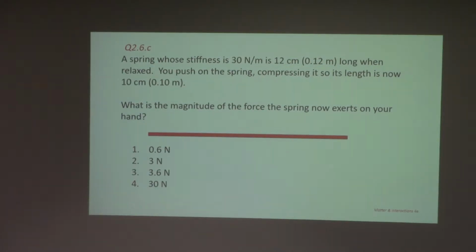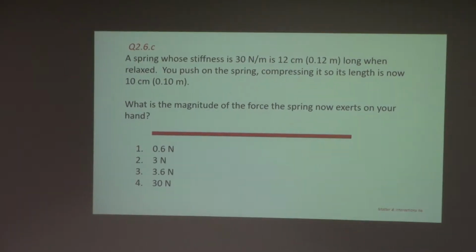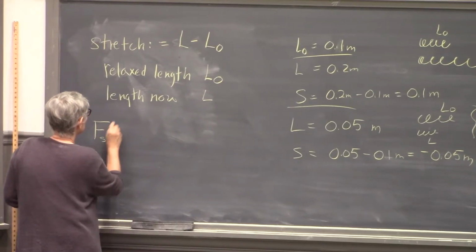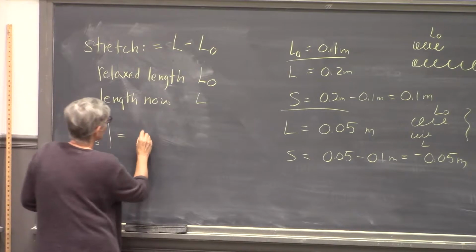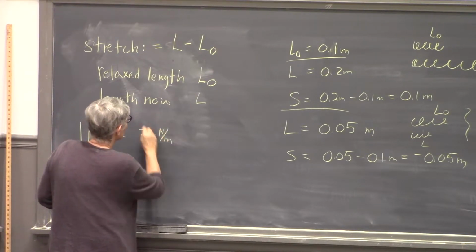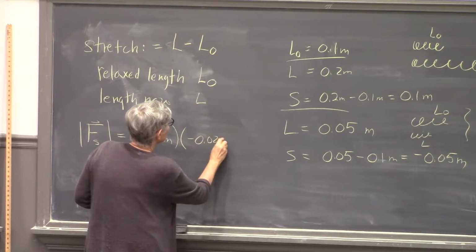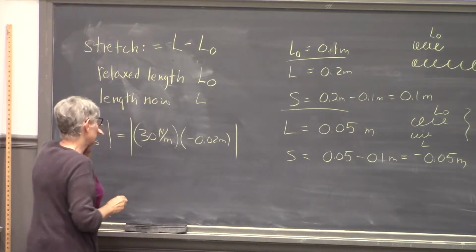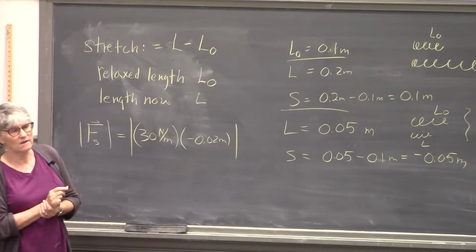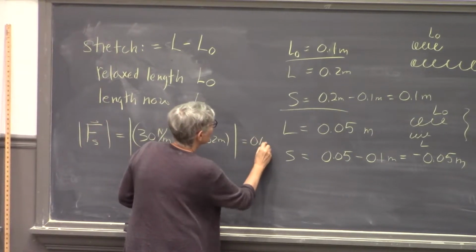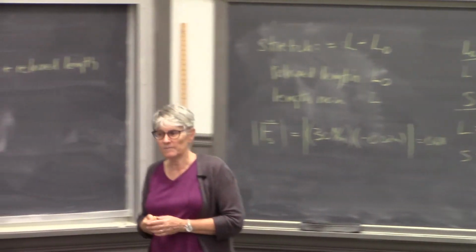All right, that's why you're not talking. Okay, so the answer is 1. We're just using this equation, right? So we have the magnitude of the force is 30 newtons per meter times the stretch, which is a minus 0.02 meters, but we want an absolute value because it's a magnitude, and so we get 0.6 newtons. Okay, so nothing to it, right?